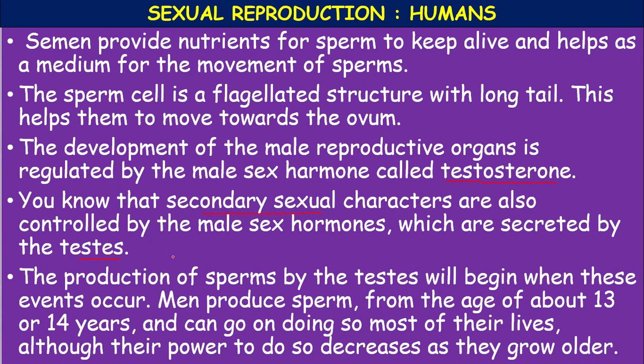Spermatozoon is a long flagellated motile cell consisting of a head comprising of the nucleus and acrosome, a neck containing centrioles, and a middle piece bearing mitochondria, and a vibrating tail. Okay.